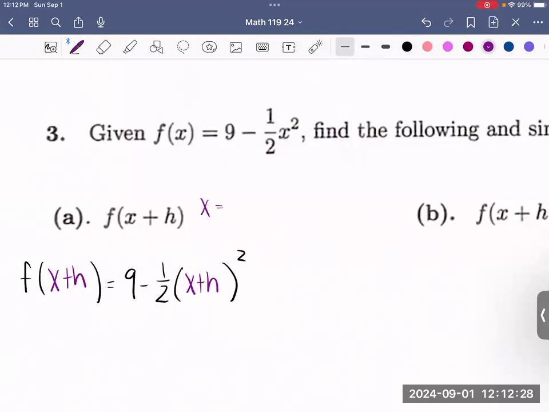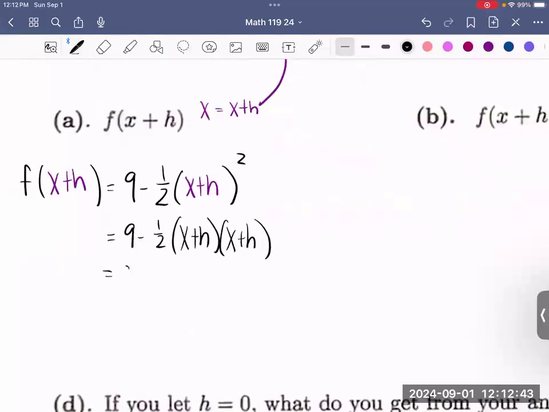So x is equal to x plus h. So we're just working it into this x here. Just like last time, we're going to expand and distribute.